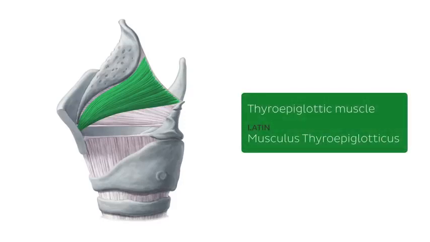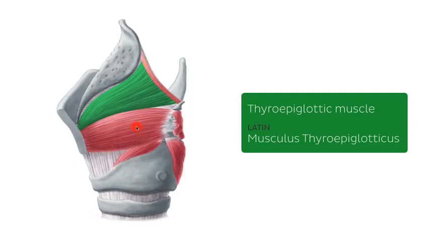It is a considerable number of fibers of the thyroarytenoid muscle that are prolonged into the aryepiglottic fold. As you can see here, now I'm adding the thyroarytenoid muscle so you can see the prolonged fibers that are then considered a separate muscle, the thyroepiglottic muscle.